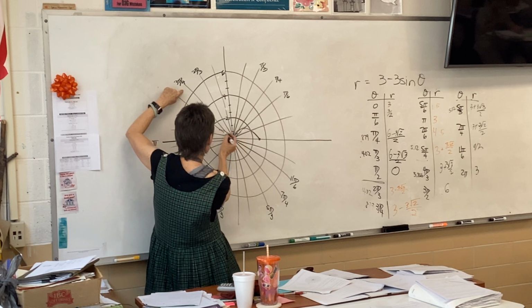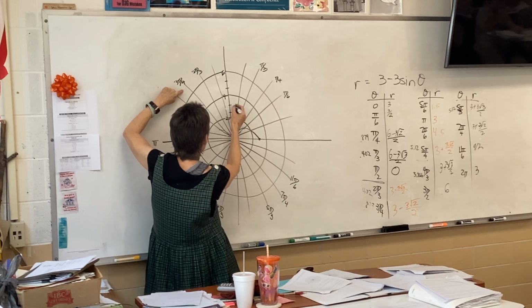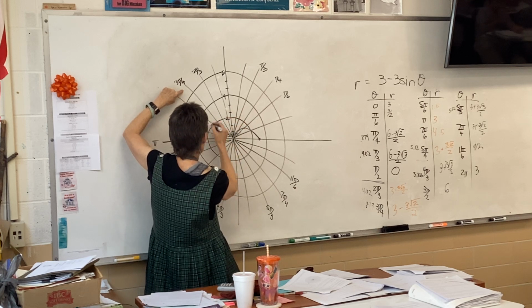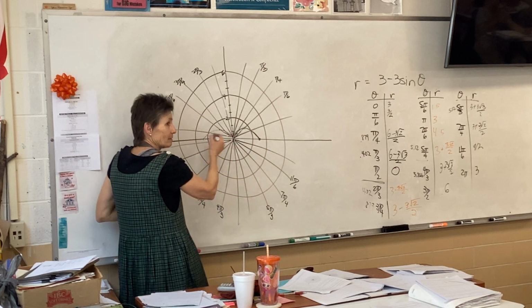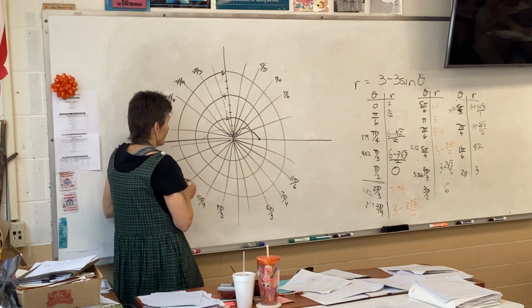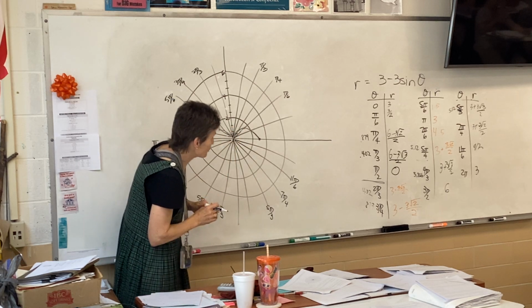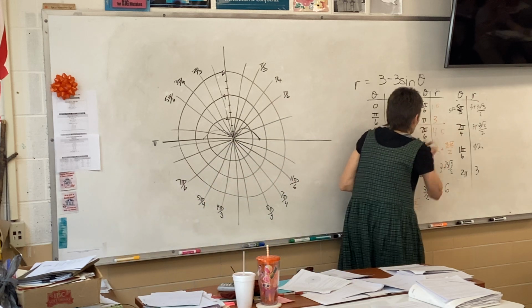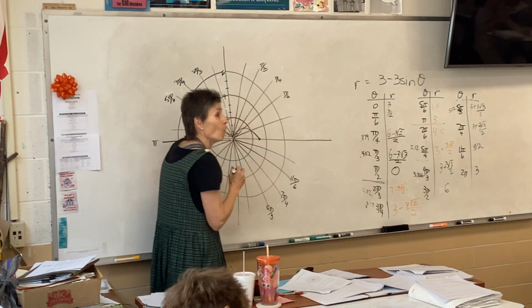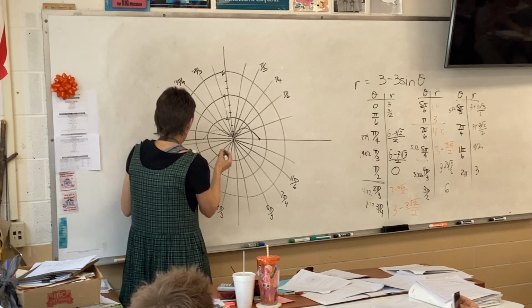And then I'm back out to 3. Oh my gosh, what happened? Did you get like that? Okay, it's going to get better, just wait a minute. So where am I now? I'm here. All right, so now I'm at 4.5. So at 7.